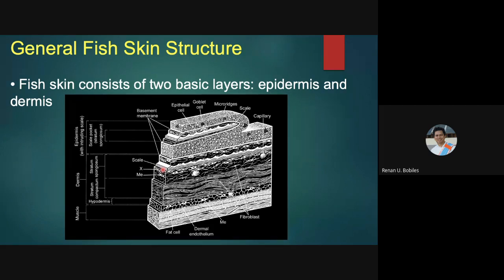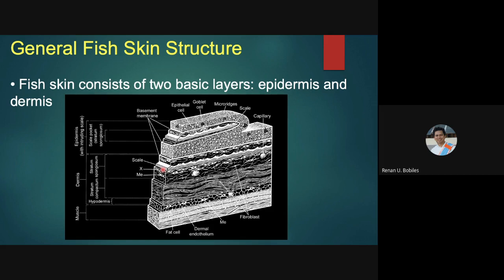One of the major differences of fish skin is that the epidermis is metabolically active. Unlike in terrestrial vertebrates, na yung upper layer, yung tinatawag natin na stratum corneum, which is dead.